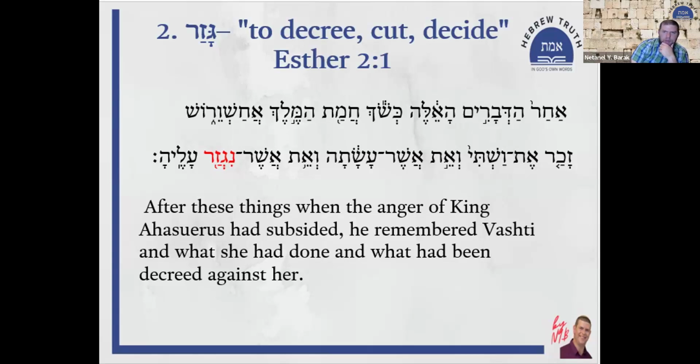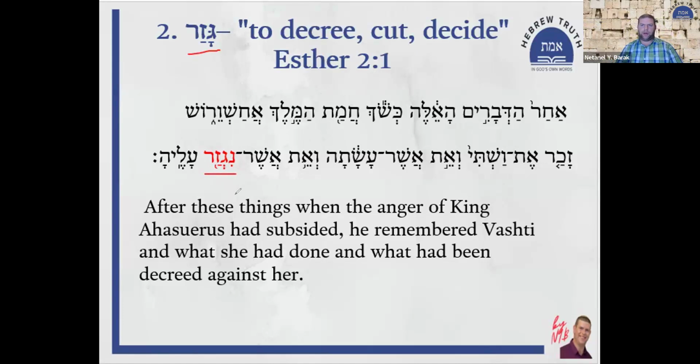But the literal meaning of cut, in this use of the root as something that was decided, as a legal decision, as a decree, here is Aramaic in nature.